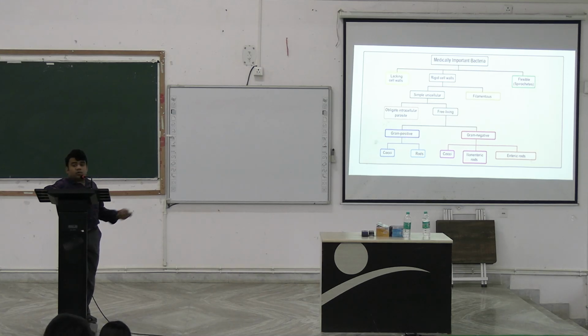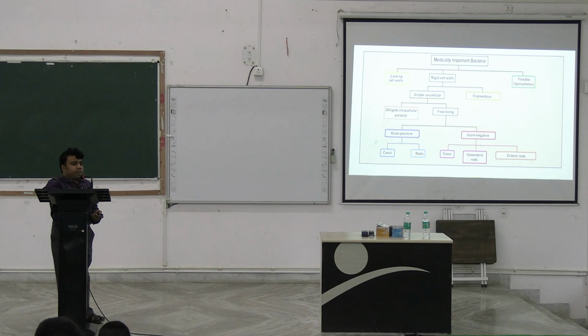Another type is based on gram staining. I'll explain it in more detail when I talk about the cell wall. Now, this is a staining method which differentiates cells into predominantly two types. One is called gram positive bacteria, another is called gram negative bacteria. Now, this is a very important step. Why?